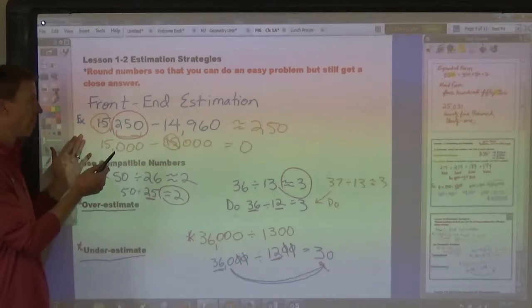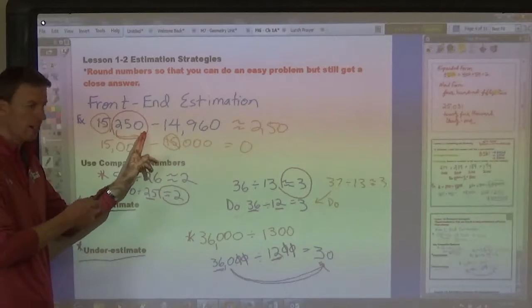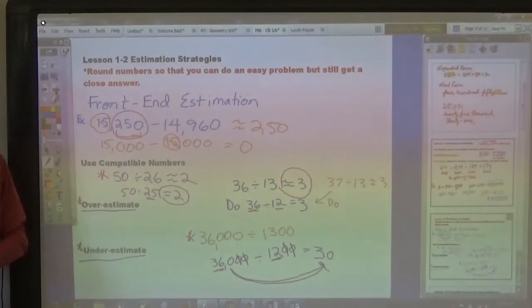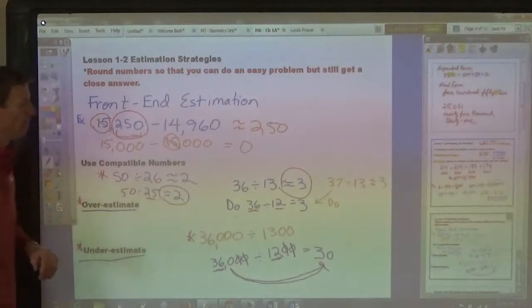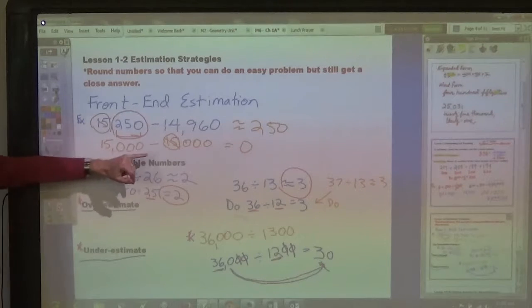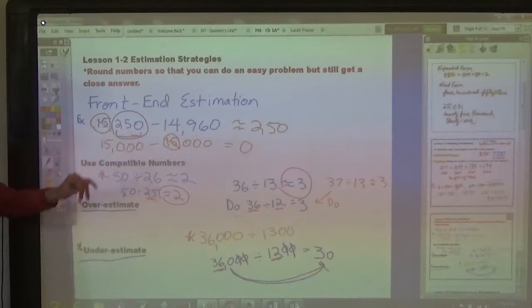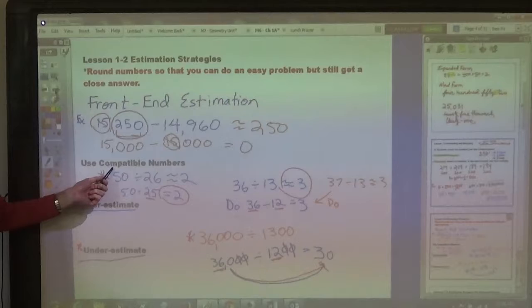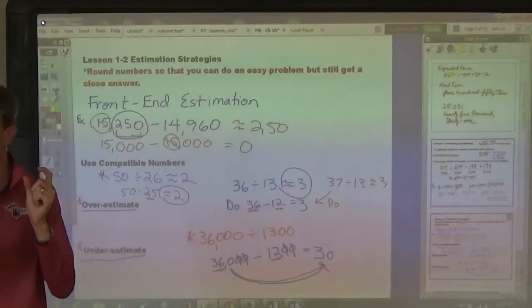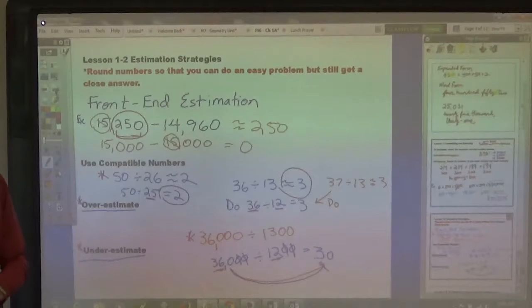So basically doing 15,250 minus 15,000. And that equals 250. So that's a closer estimate that's fairly easy to find by subtracting the front numbers and then keeping the rest of the number. Does that make sense? Front-end estimation, meaning you add or subtract the front of the numbers. Okay?